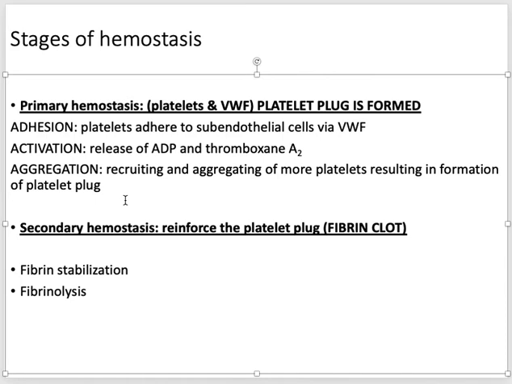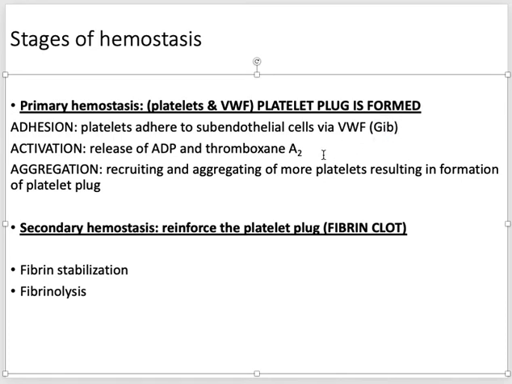So von Willebrand factor, which was here, will mediate adhesion with the receptor I told you about at that time, that is called glycoprotein 1b. So this is glycoprotein 1b, okay.